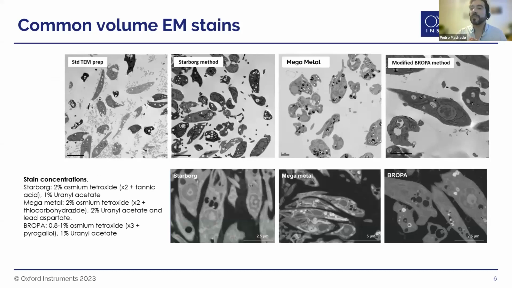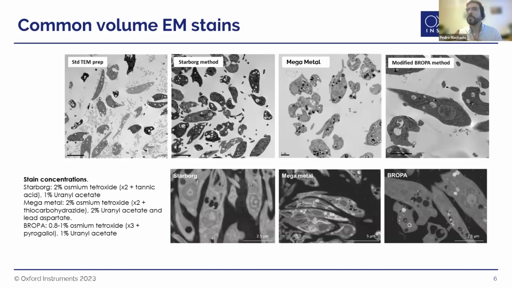If we prepare the same sample with all the different methods, we can see by TEM that we have different types of staining with the different staining methods, which makes sense. If we look at them by SEM here at the bottom, we can see that different preparations can even highlight different compartments.